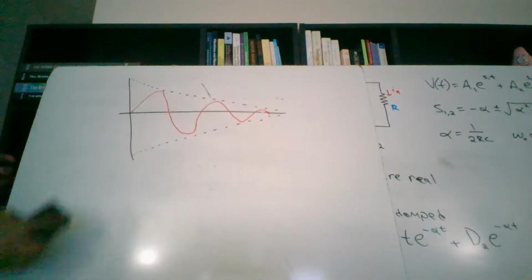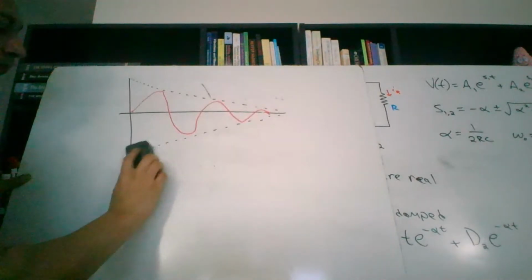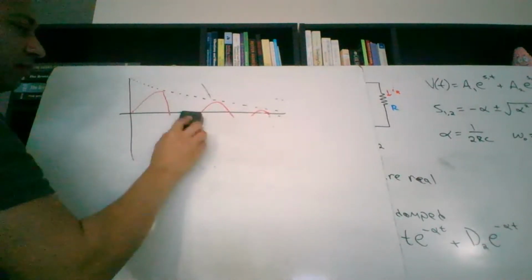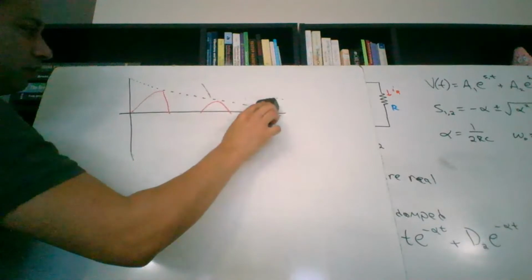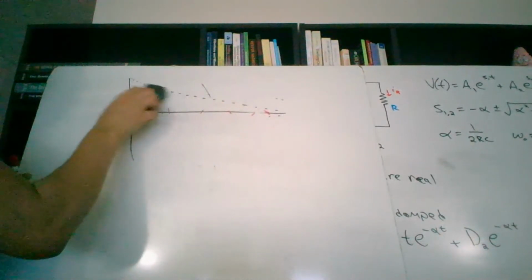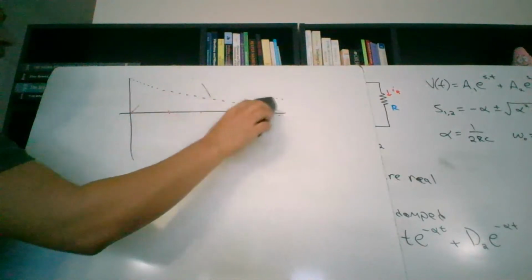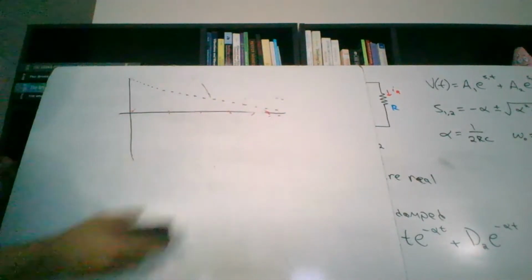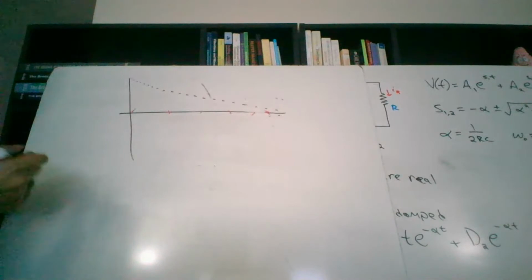And then the last one is the critically damped. For a critically damped, your graph would look something like this.